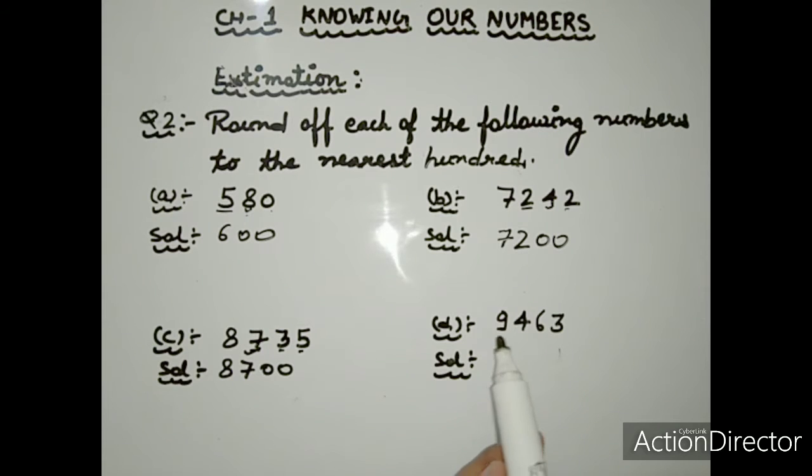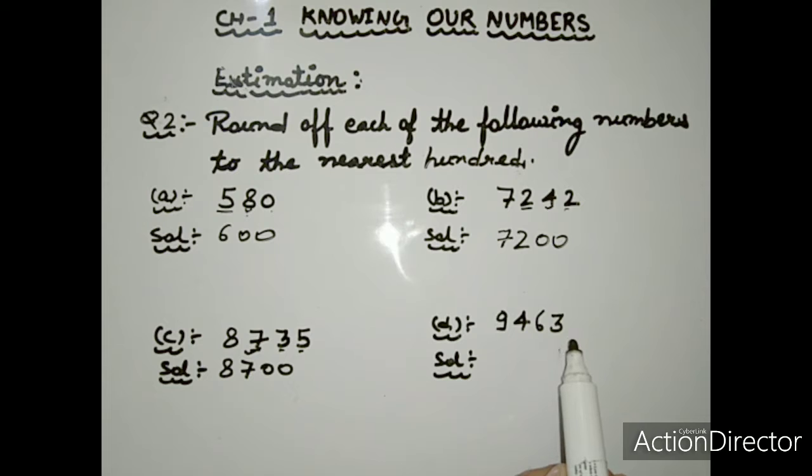Now the D part. The number is 9463, and the required place is 100. The digit on the required place is 4, and the digit on the right-hand side of the required place is 6, and 6 is greater than 5.